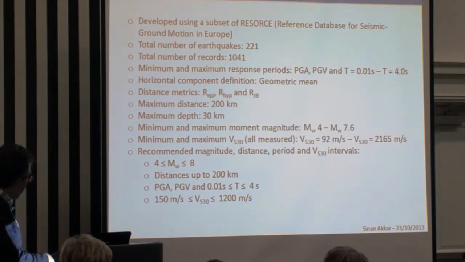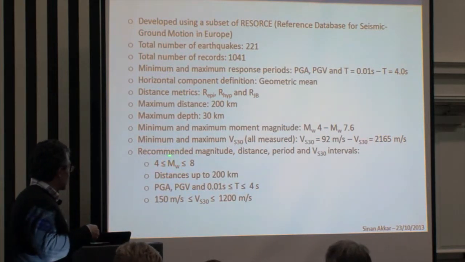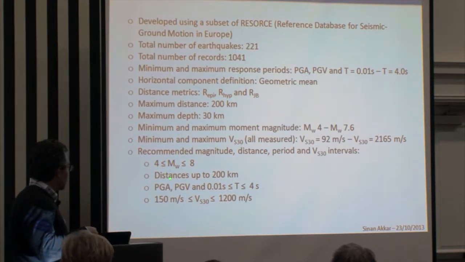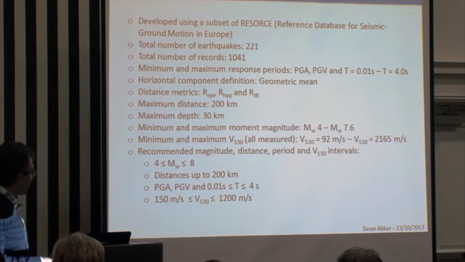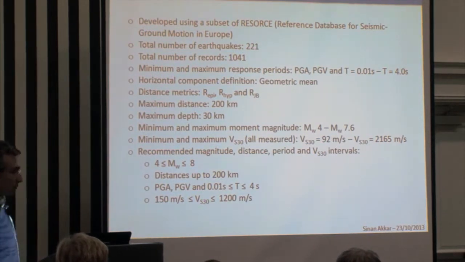So these values actually show us the recommended values of our predictive model. We're recommending it for use between magnitude 4 and 8, distances up to 200 kilometers, and VS30 values between 150 meters per second and 1,200 meters per second.